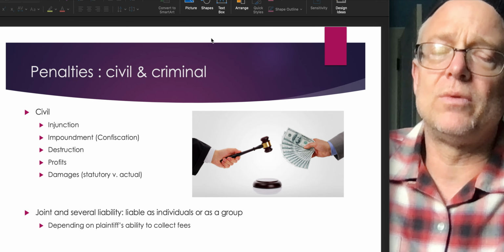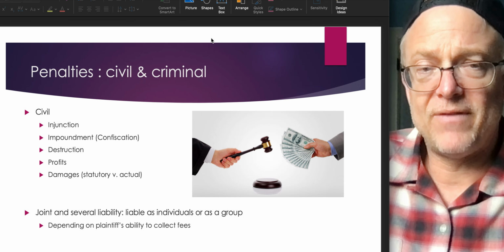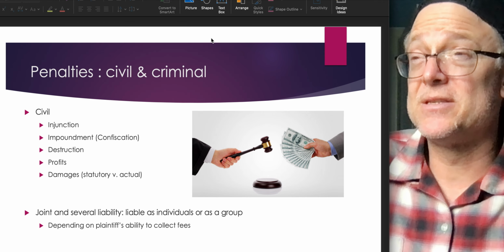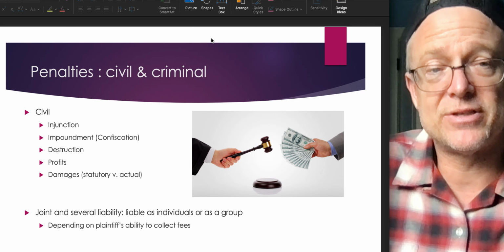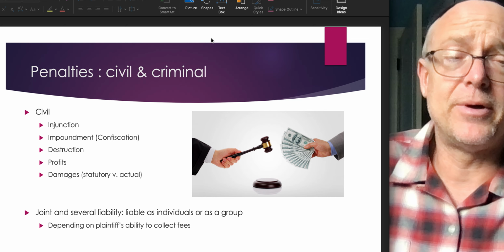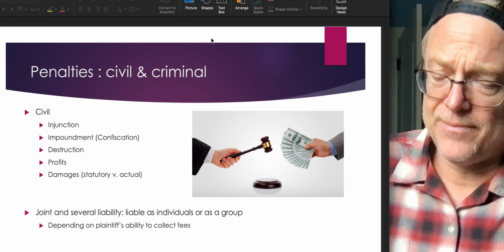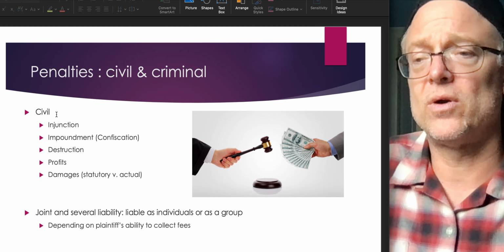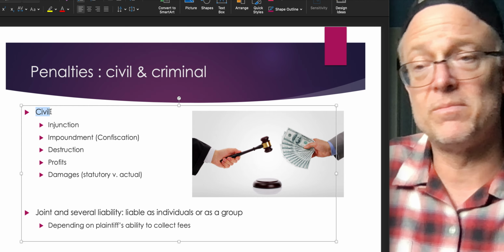Okay, so let's talk a little bit about penalties. So we know how the court cases are filed, where they're brought, how much it costs, who has the right to do it, how you actually make the case, how the defendants defend themselves. Now, at the end of the day, the judge is going to say, I'm going to throw it out or I'm going to find you guilty. And so what happens in a guilty verdict is any one or combination of penalties in a civil court, which most of these trials will be.